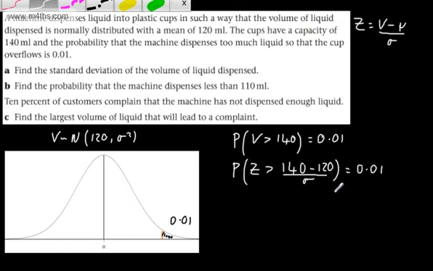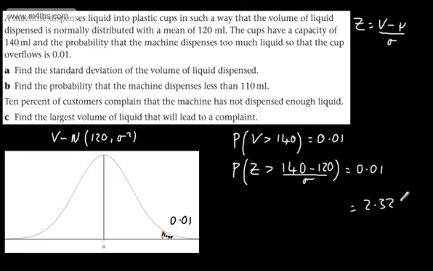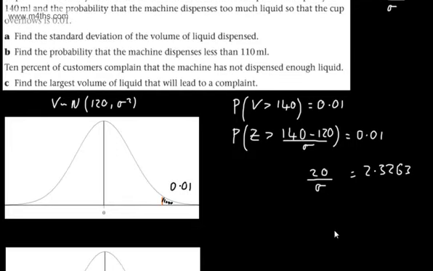So what I'm now going to say then is 2.3263 will be equal to 140 minus 120, which gives me 20, divided by the standard deviation. If that doesn't make sense to you, please review the videos prior to this. So now we're going to have 20 divided by 2.3263 will be equal to the standard deviation, which is sigma.